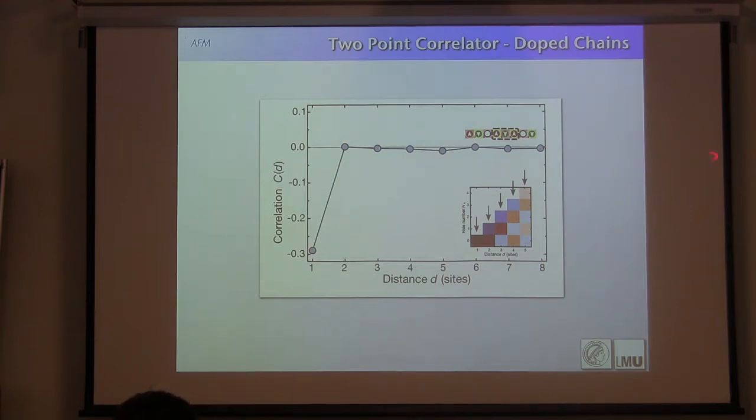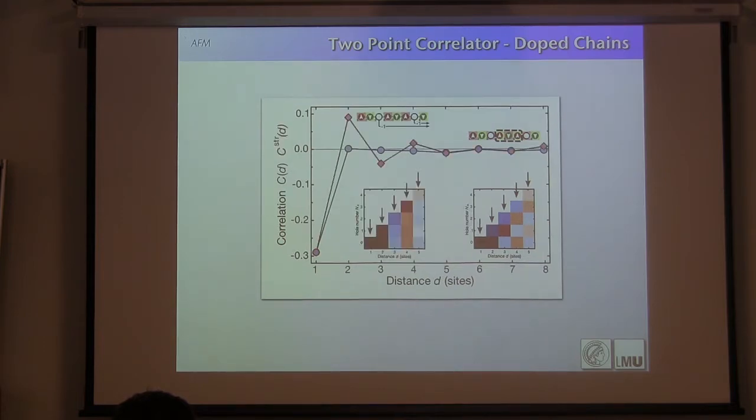But beyond distance 1, everything is flat. If you see this data as an experimentalist, you would say there's just no antiferromagnetic order in the system. But now we can do better, because we know where the holes are in each shot, and we can measure the string correlator, and now we see that we can recover the antiferromagnetic correlations that are in the system. So we can truly measure this hidden order parameter, and that's very nice, that we can reveal this hidden order in the system.